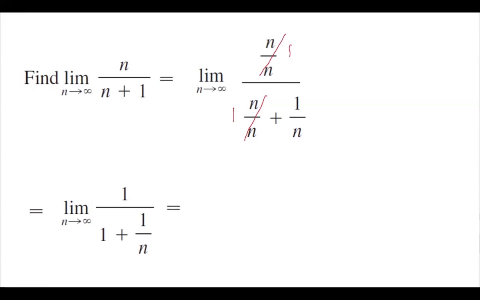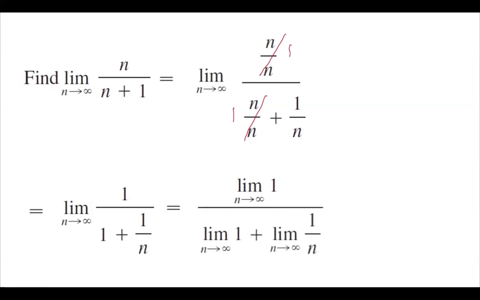This in turn is equal to the limit of 1 divided by the limit of 1 plus the limit of 1 over n as n goes to infinity. But remember that this is nothing but 1 over 1 plus 0. Why is that? You get 1 over infinity, which is indeed 0. So the limit is equal to 1 over 1, or 1.